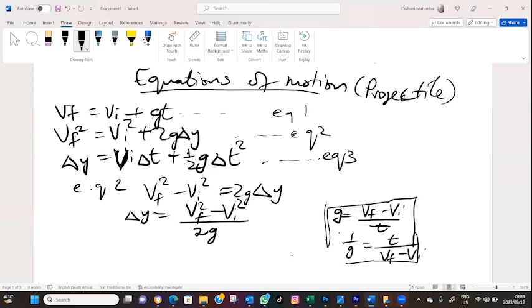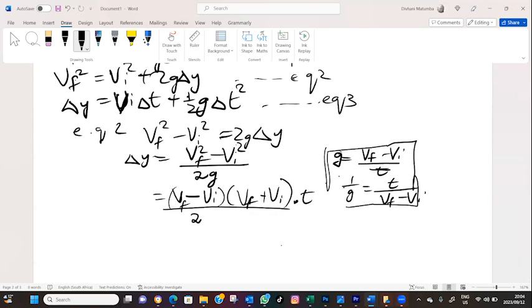I'm going to take that expression. We will have v final squared minus v initial squared. Now, for those who are doing mathematics, we will understand that this is the difference of two squares: V final minus V initial times V final plus V initial, over 2. Remember that T right there, we must multiply it.